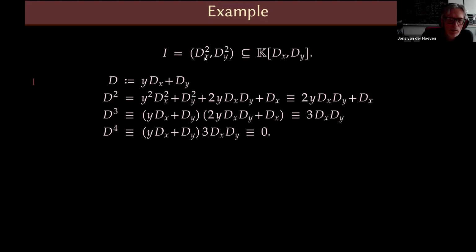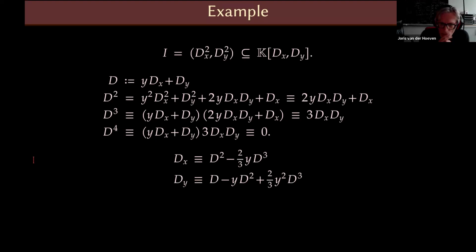But basically, if we look, we do see that 1, d, d squared, d cubed are linearly independent, so they basically generate everything because the quotient space was of dimension 4 here. And one can also rewrite dx and dy in terms of multiples of d, as a linear combination of d squared, d cubed.